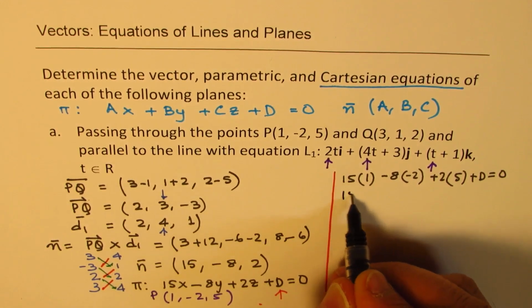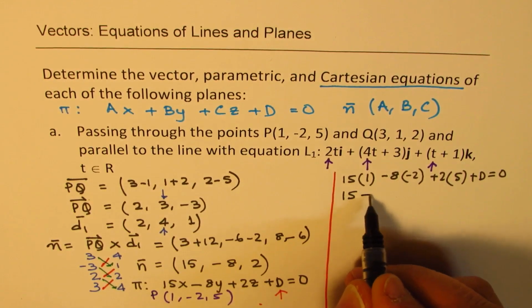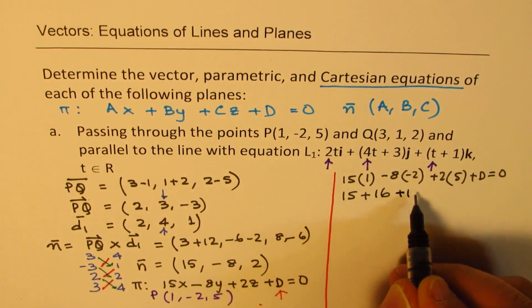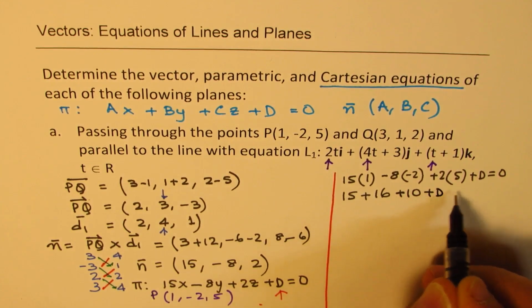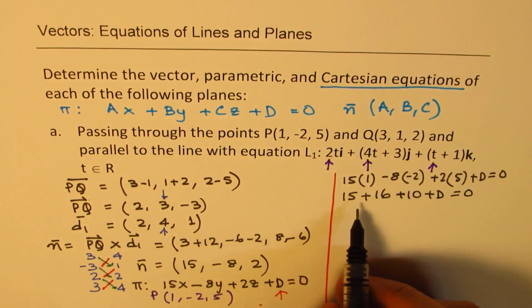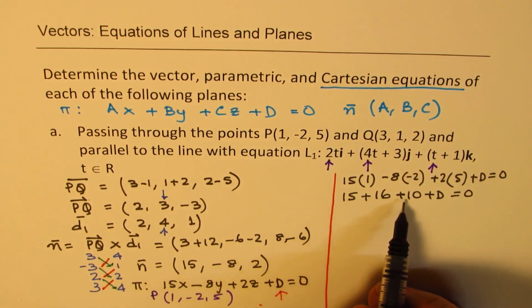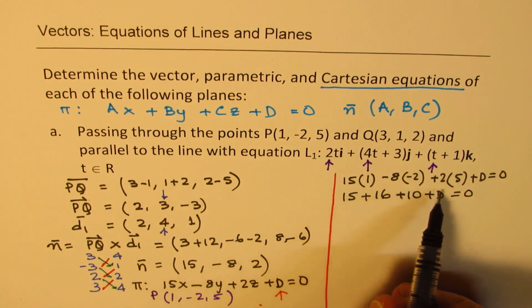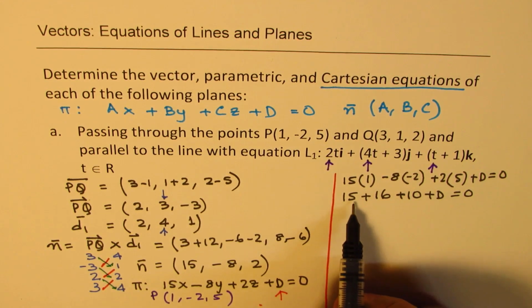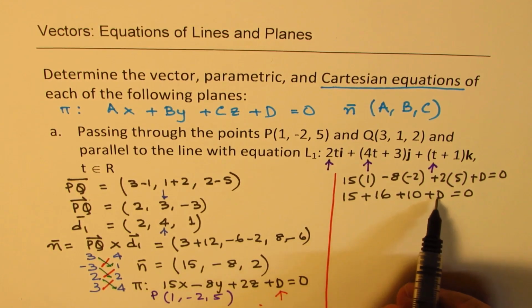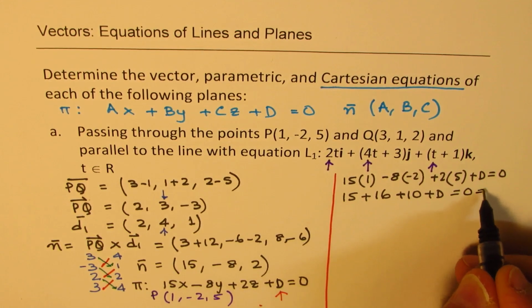So that gives you 15, plus 16, and plus 10, plus d equals 0. And how much is this? 15 plus 16 is 31, and 10 more is 41. So d is minus 41.